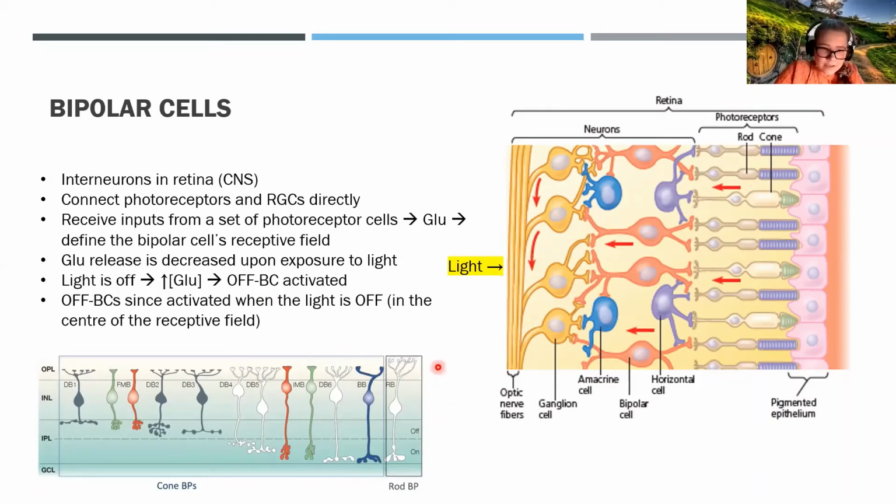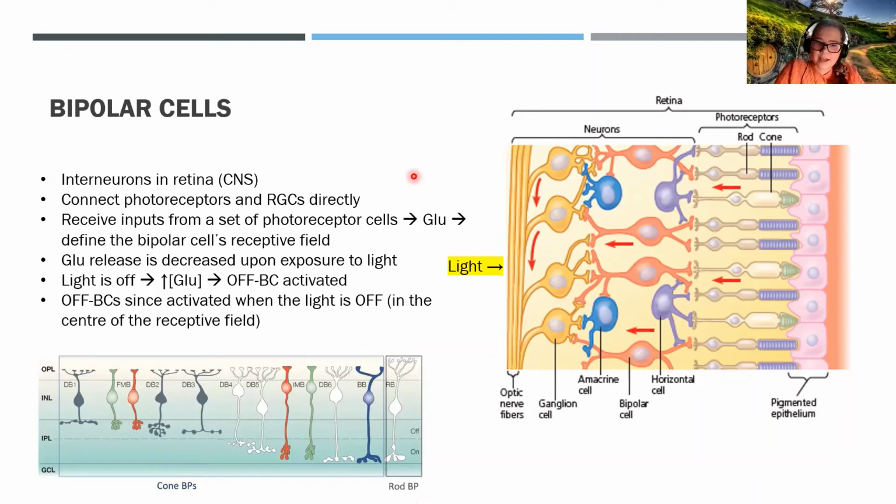The interesting thing is that we have only one type of rod bipolar cell and many types of cone bipolar cells. And in optogenetics, why do we usually target rod bipolar cells? Maybe you have an idea. Why don't we target cone bipolar cells? It's because rod bipolar cells are much more prevalent in the human eye.